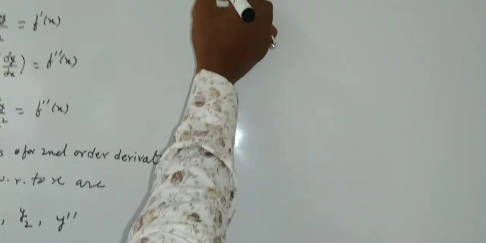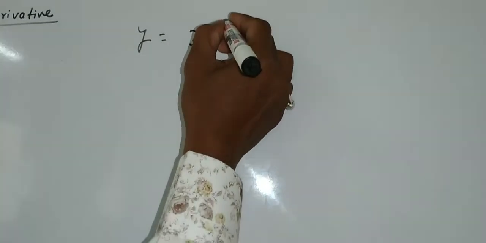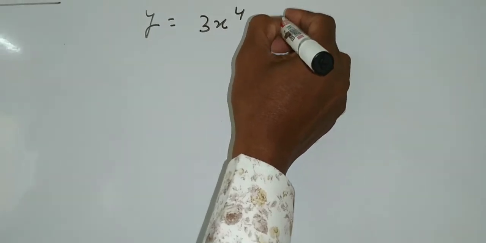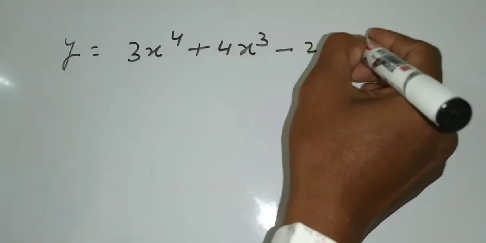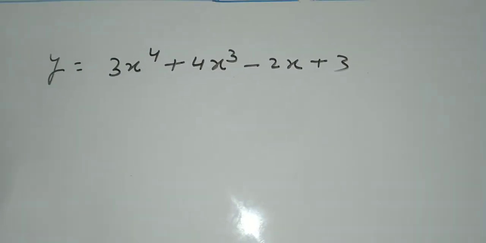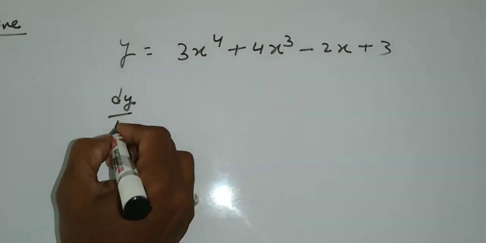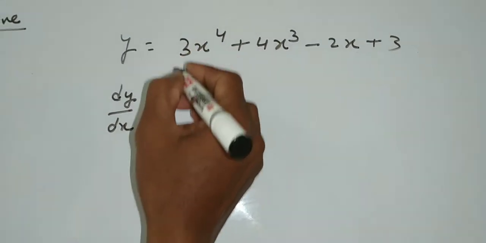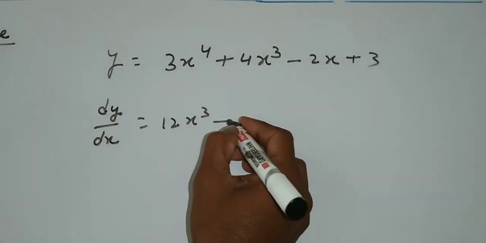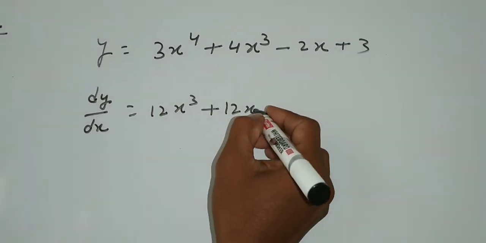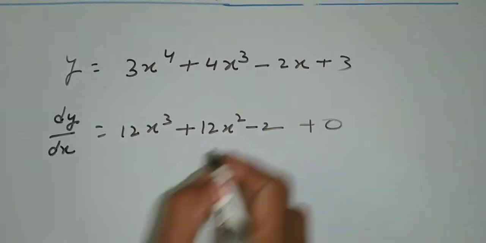Questions are very simple. Suppose y is given as 3x^4 plus 4x cube minus 2x plus 3. The first order derivative, dy by dx, is equal to 4 threes are 12 x cube, and 4 threes are 12 x square, minus 2, and the derivative of 3 is 0.